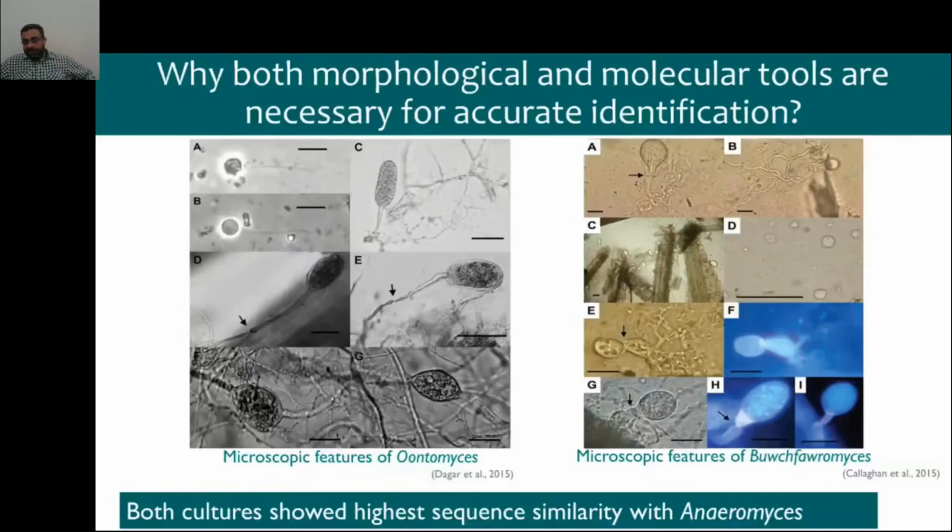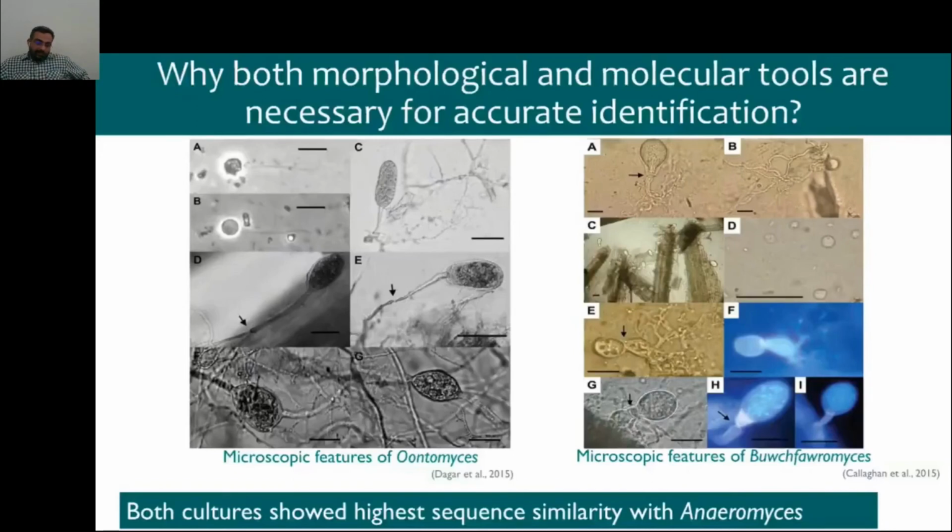Similar was the case for Buchallomyces, which showed uniflagellate zoospores, a monocentric thallus, and again these constrictions at the base of the sporangiophore. So the situation proved even more difficult when we did the BLAST search for sequence similarity for both regions, and they showed highest sequence similarity to Anaeromyces.